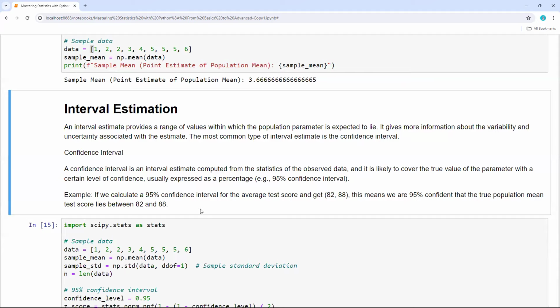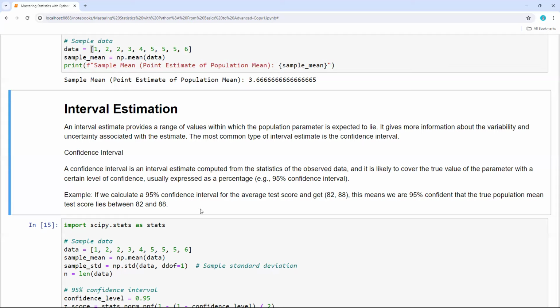The most common type of interval estimate is the confidence interval. The confidence interval is an interval estimate computed from the statistics of the observed data, and it is likely to cover the true value of the parameter within a certain level of confidence, usually expressed as a percentage. Example: a 95% confidence interval.